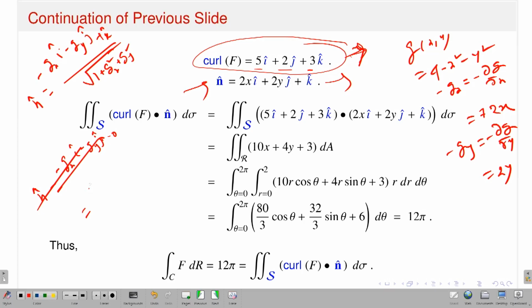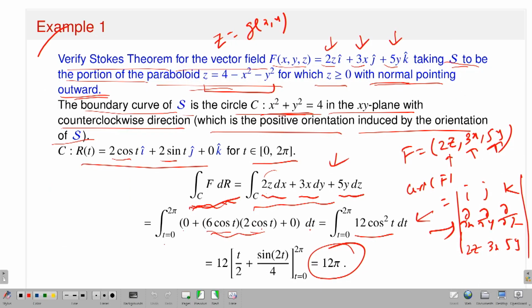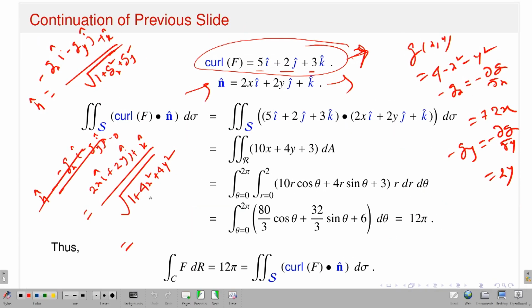So this should be 2x i cap plus 2y j cap plus k cap over the square root of 1 plus gx square, which means 4x square plus 4y square, right? Here x square plus y square is equal to 4, and gx is 2x.